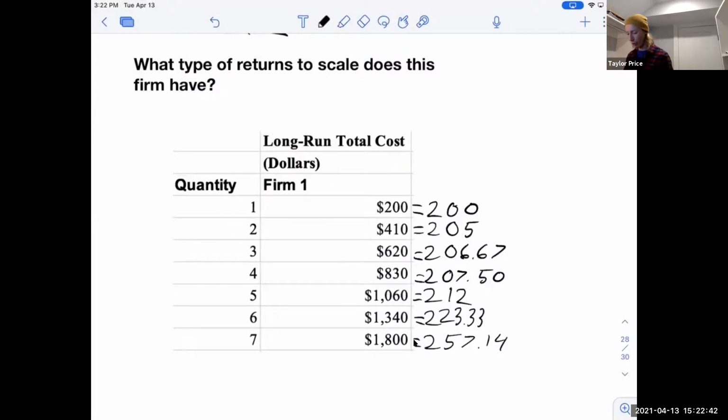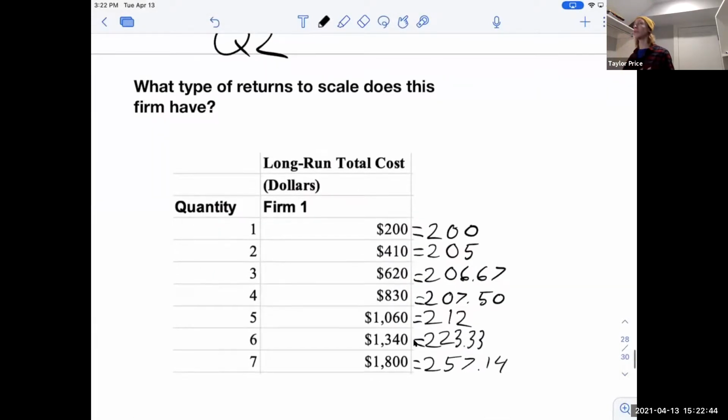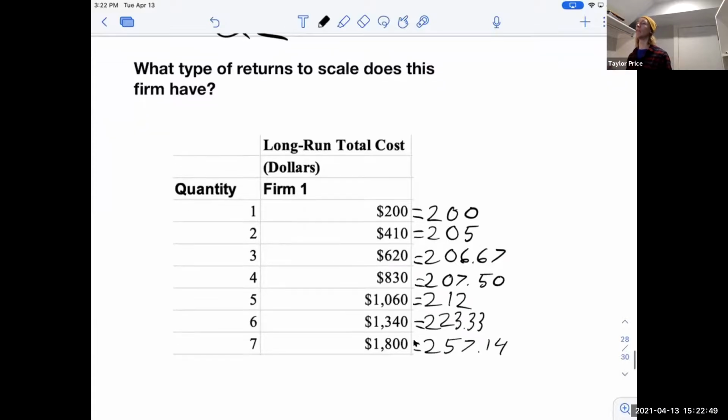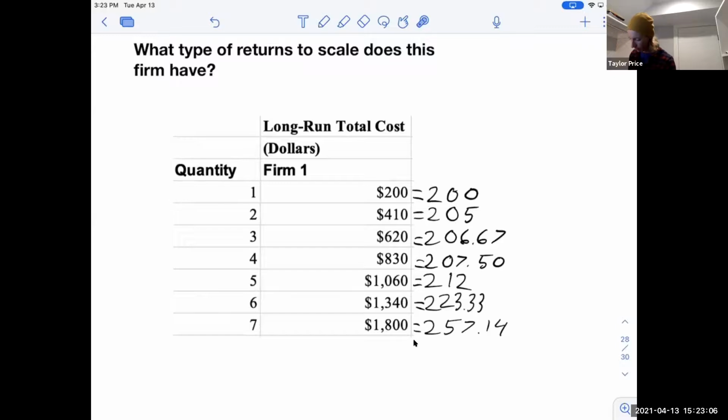Okay, so the question's asking us what type of returns to scale does this company have? We are given a quantity and long run total costs. So all we have to do for this question is compute the average long run total costs at each quantity. Basically how we do that is we take the long run total cost divided by the quantity, and we do that for every single quantity.